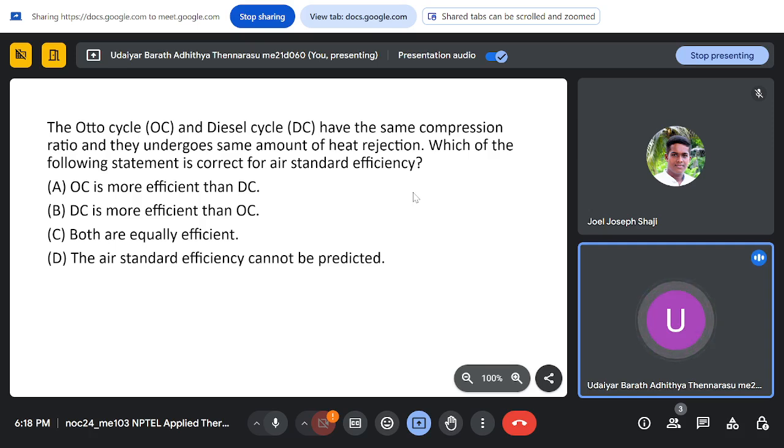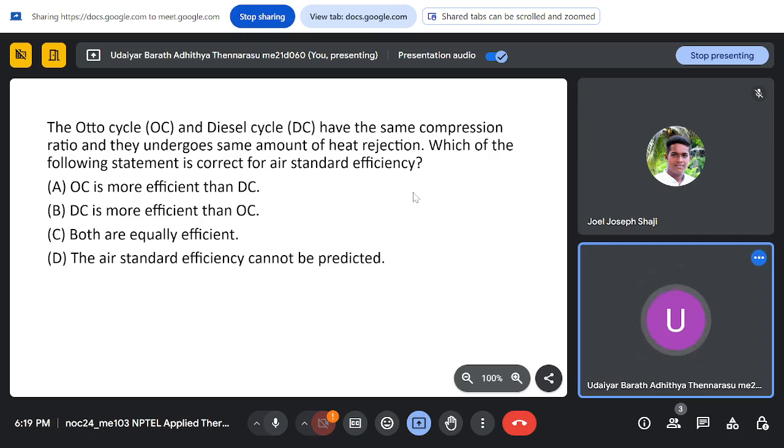So the next question is, the Otto cycle and diesel cycle have the same compression ratio and they undergo the same amount of heat rejection. Which of the following statements is correct for air standard efficiency? So this is again the same comparison which we saw. Here they are saying it is at the same compression ratio and the same amount of heat rejected.